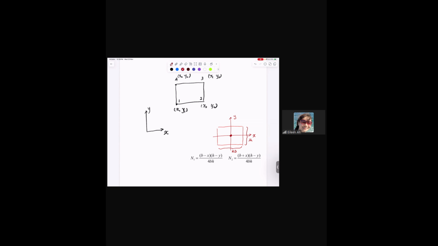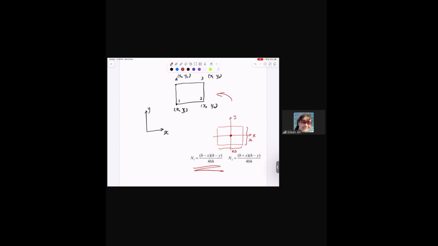If we have this element, we can easily find that the shape functions for this element are this, okay, N1, N2, N3, N4. But now we have another one. This one is still a rectangular element, but not that special. The coordinate system is no longer located at the center of this rectangle. Then what can we do?